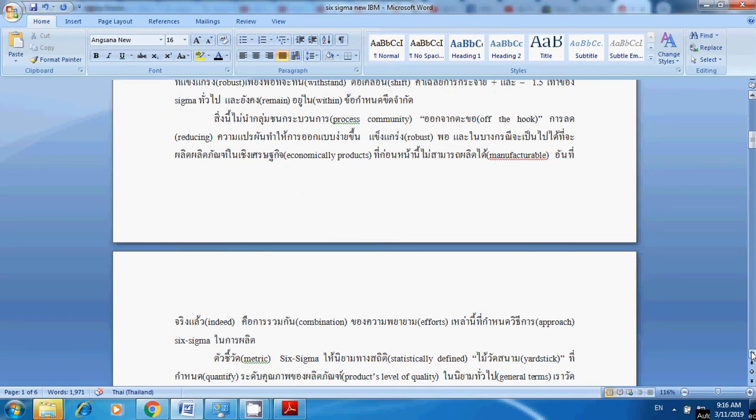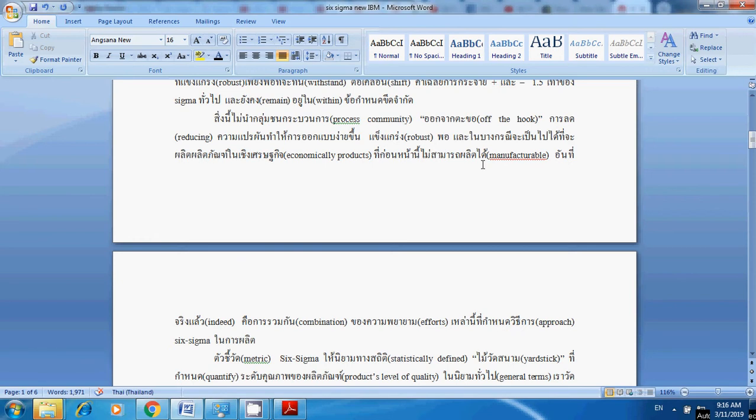This does not let the process community off the hook. That means we still have a problem. Reducing the variation of course makes the design easier and robust enough, and in some cases it is possible that economical products that could not be manufactured before can now be produced.